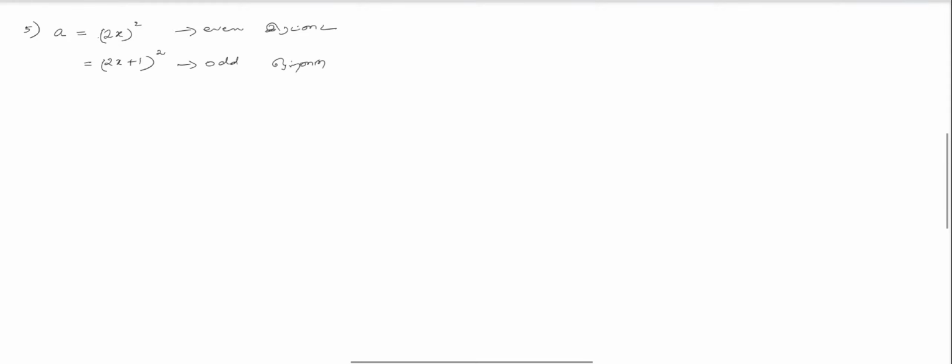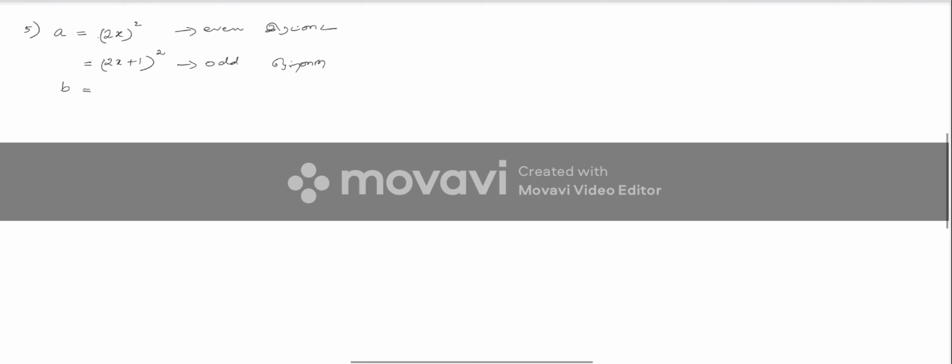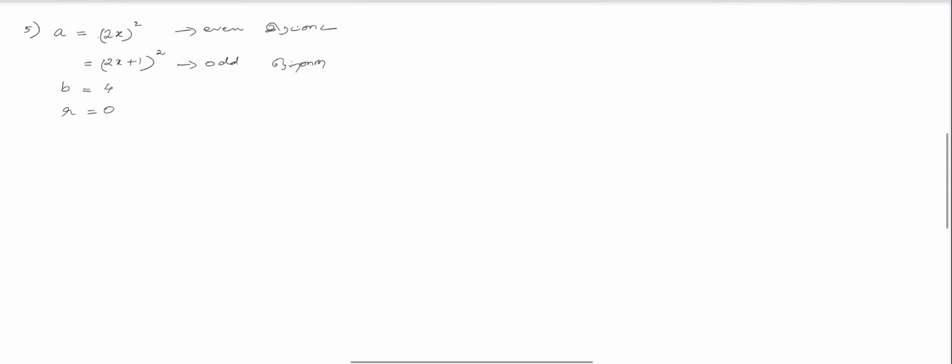And what is your divisor? Your B is 4. When divided by 4, so that is your divisor. And the remainders are 0 or 1. Right? What is your lemma?